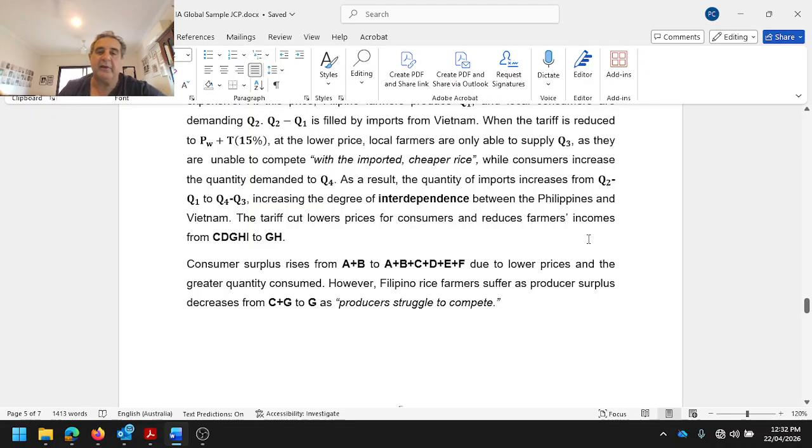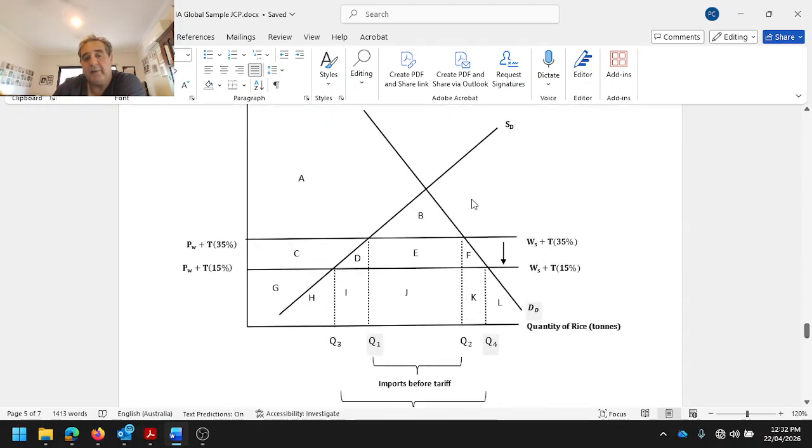The examiner can see that you're applying and synthesizing. Don't forget, whenever you talk about the key concept, when you're going to explain something, put the key concept in bold so the examiner sees it all the way through.